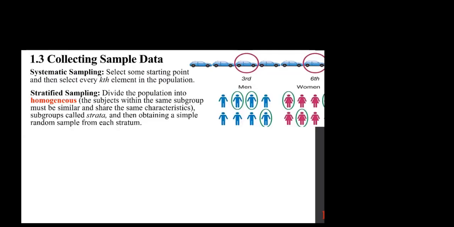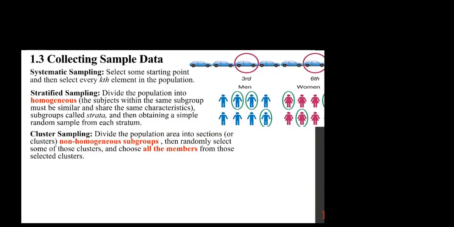And you pick a few from each. Take a look at the way this is done versus cluster sampling. Divide the population area into sections or clusters, non-homogeneous subgroups, then randomly select some of those clusters and choose all the members from those selected clusters.